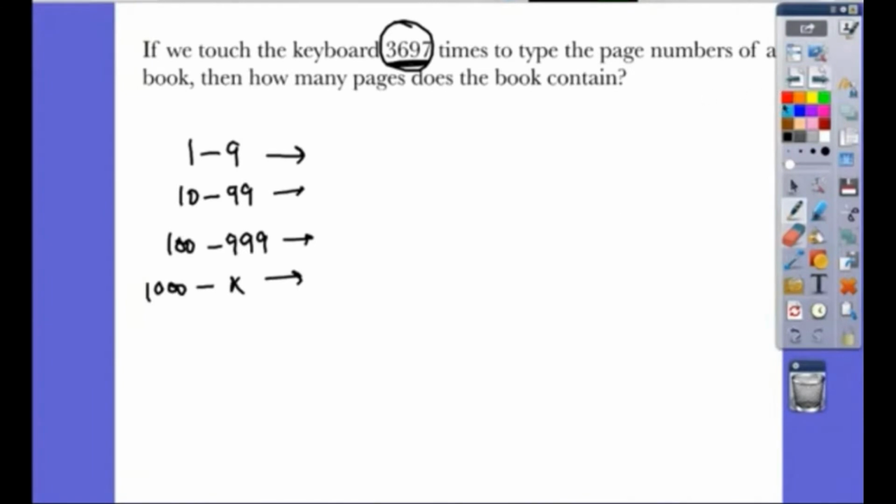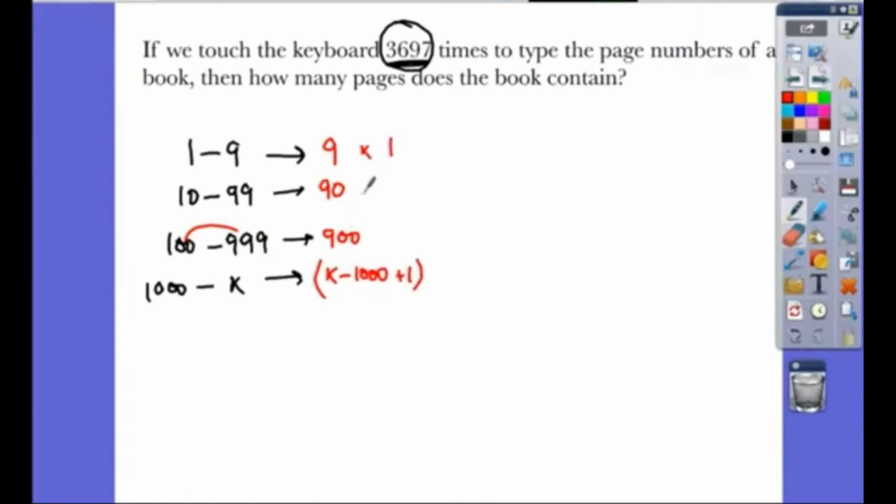Okay, let's see. The difference here is 8. So there should be how many numbers? 9. The difference is 89, so there should be 90 numbers. The difference is 899, so there should be 900 3 digit numbers. The difference is X minus 1000, plus 1, 4 digit numbers will be there.